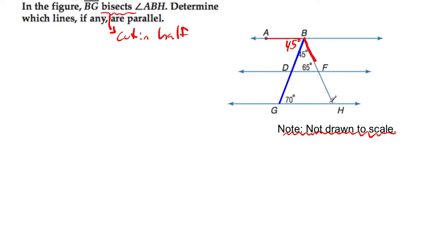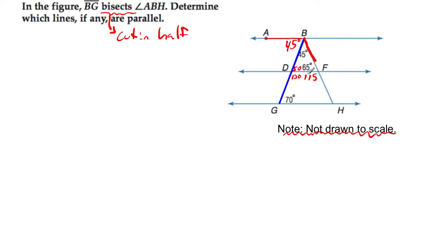But what about down here? Well, let's take a look. So if this is 65, this is going to be 115. And if this is 45, this is 65, triangles add up to 180 degrees. So together these make 30. So that's 50 degrees. If that's 50, this is 130.